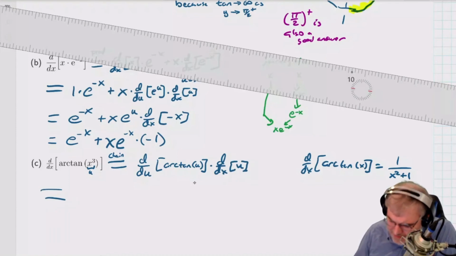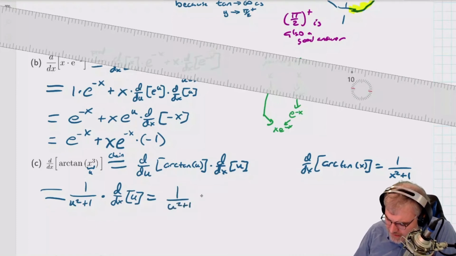Then this is going to be 1 over u squared plus 1 times the derivative d over dx of u. I should actually write what this is. This is d over dx of x cubed. So this is 1 over u squared plus 1 times 3x squared.